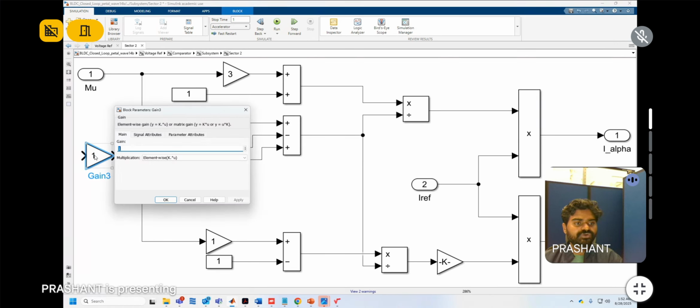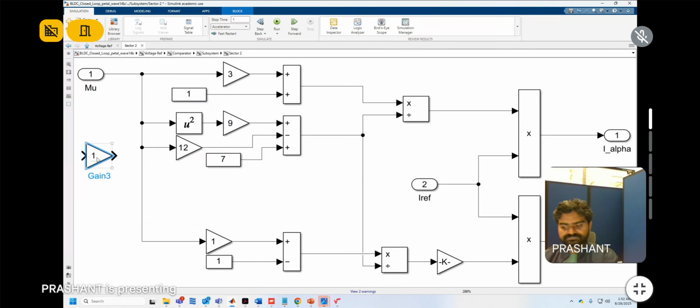Whatever value you want to write here, write whatever you want. So we want 3 mu. So we multiplied mu by 3 and obtained 3 mu. Then in the numerator part we want 1 plus 3 mu, so we will take 1 and take a sum block. We will add 1 plus 3 mu. So the numerator part is completed.